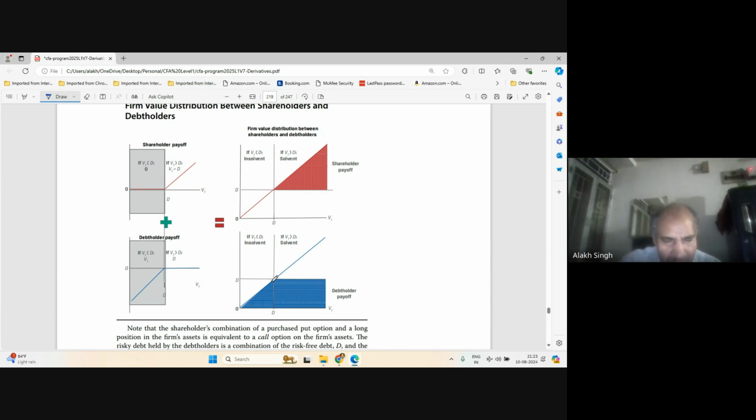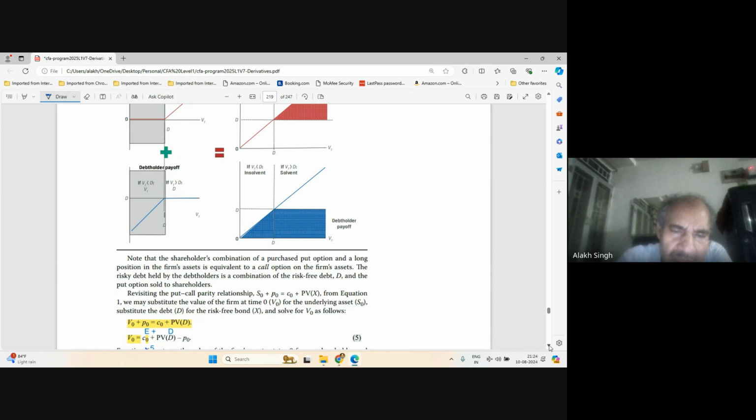If the price goes below, the debt holders get the area, but if the price is above this, they are going to get their entire debt. So that's how the total payoff is distributed between debt holders and equity holders.